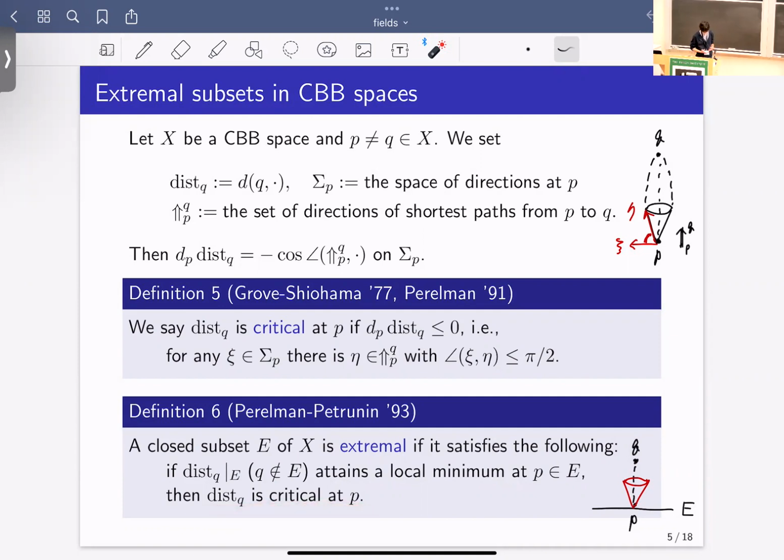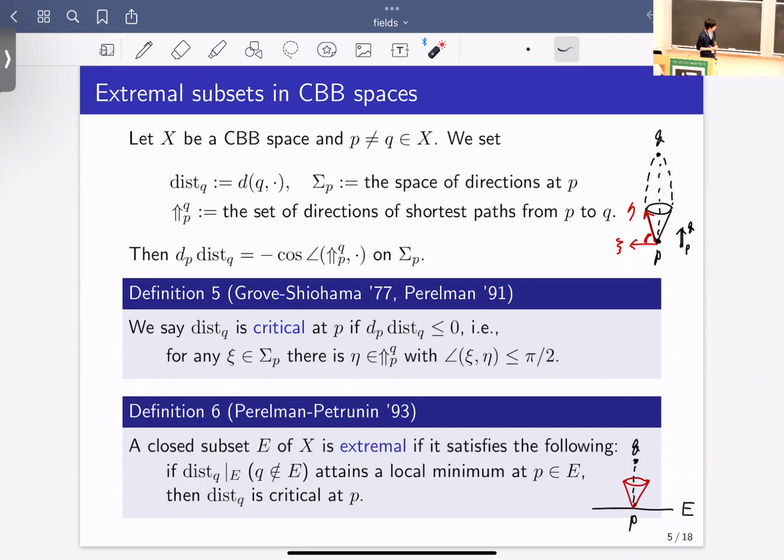Meaning that the set of directions from P to Q is pi over 2 dense in the space of directions at P. Roughly speaking, this means that the set of normal directions to E at each point has diameter at most pi over 2.